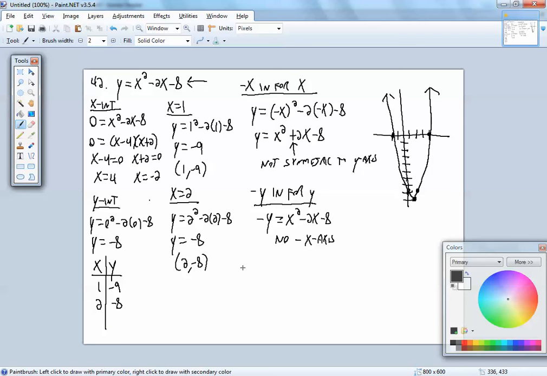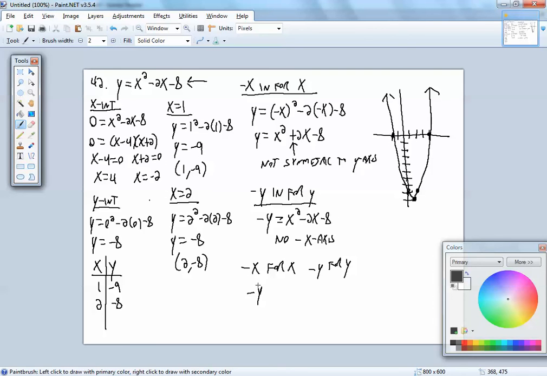Now, I'm running out of room, so I may not actually do this one, but you plug negative x for x and negative y for y. This will tell you whether it's symmetric to the origin, which it's obviously not, looking at it.